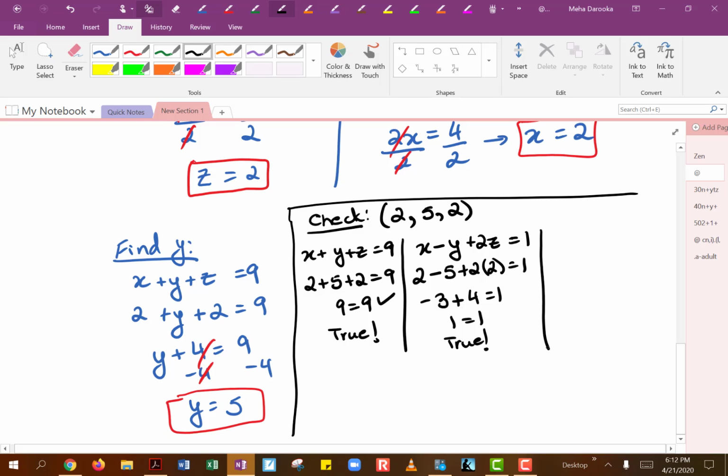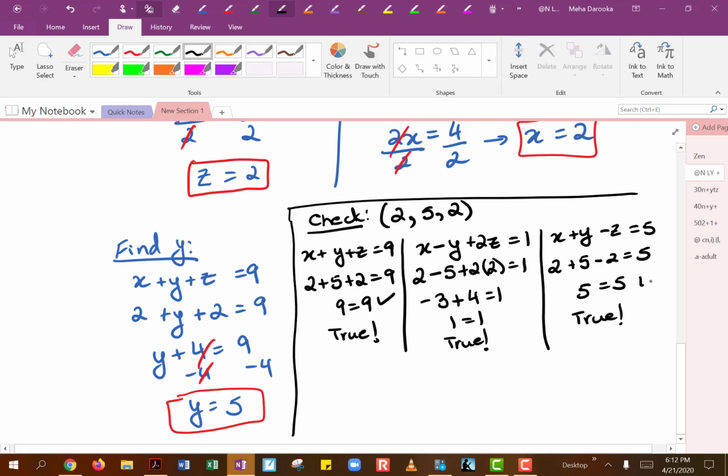And now we just need to check in the third one, which is x plus y minus z equals 5. So that's x is 2, y is 5, minus z is 2. As you can see, 2 plus 5 will be 7, 7 minus 2 will be 5, and we end up getting 5 equals 5.